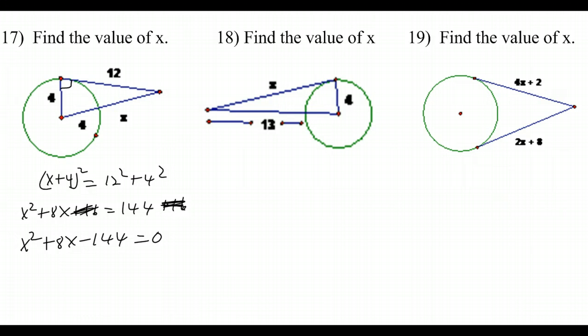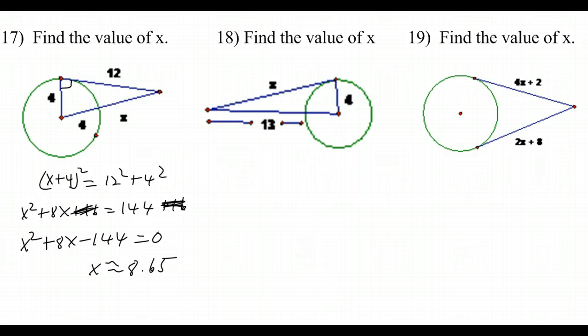And so when we work that out, we can use the quadratic formula to solve this, or we could bring up our calculator and solve it and find out that x is approximately equal to 8.65.